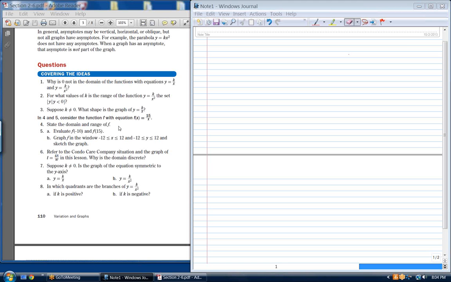So number 4. State the domain and range of this function, f of x equals 15 over x. What's the domain of it? It would be whatever x is, right? Remember what domain was in the last question.